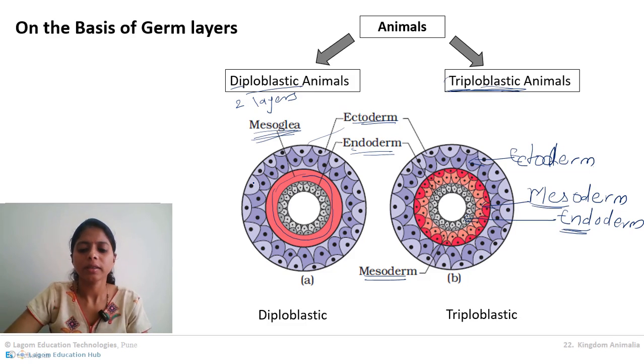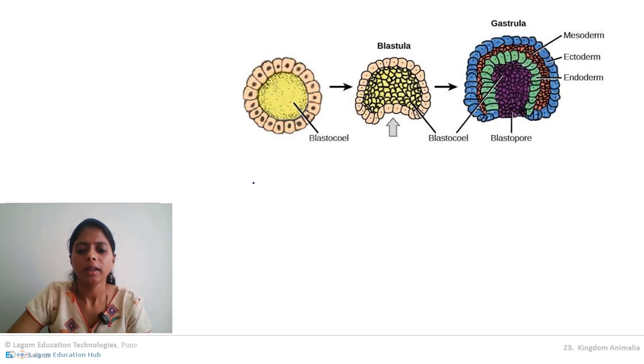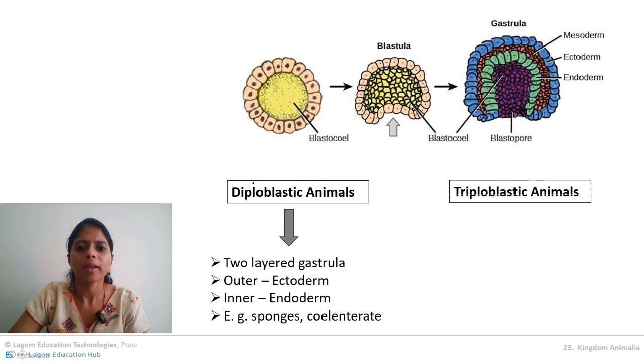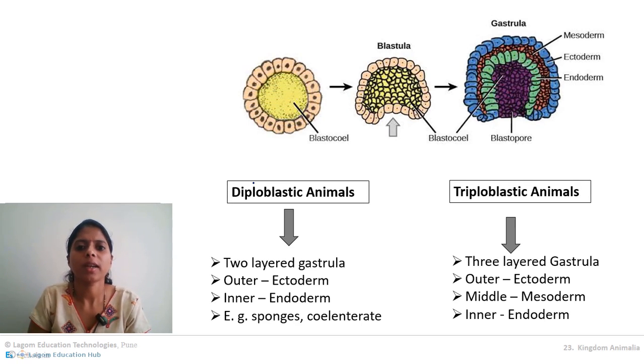Let us look at the chart, as well as one more diagram of the diploblastic and triploblastic animal. Try to understand this. In this diagram you can easily see the blastula developing. You can see cells inside the cells, and here you can see all three germ layers formed.